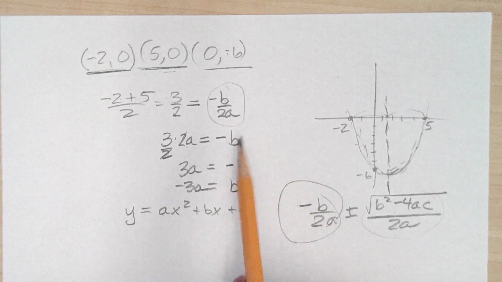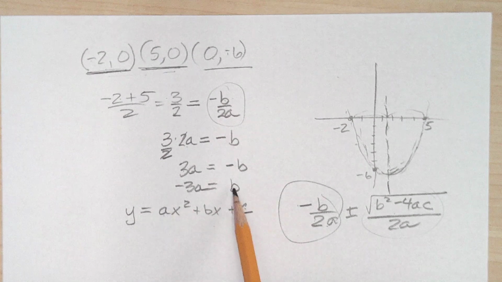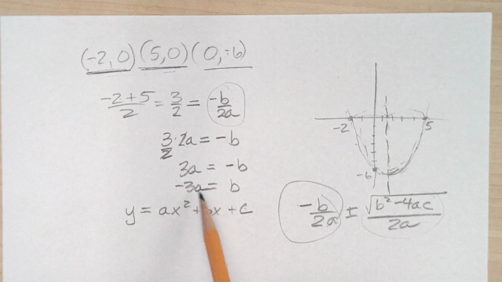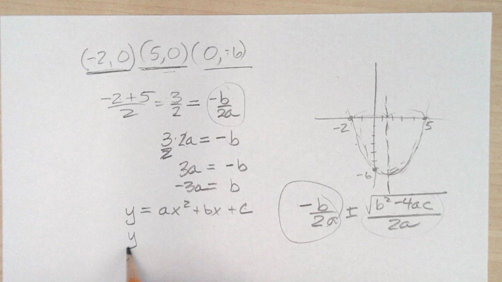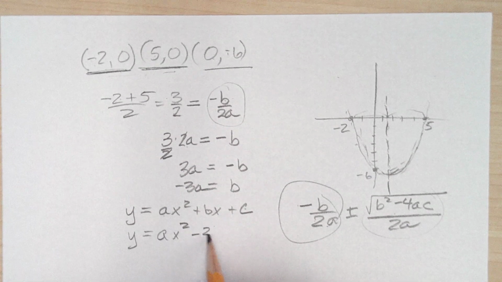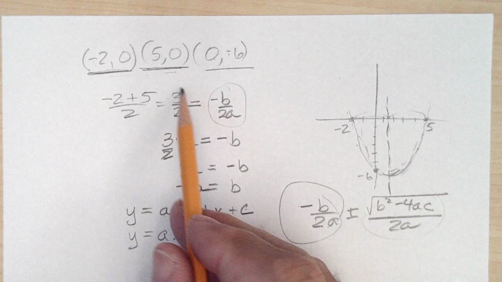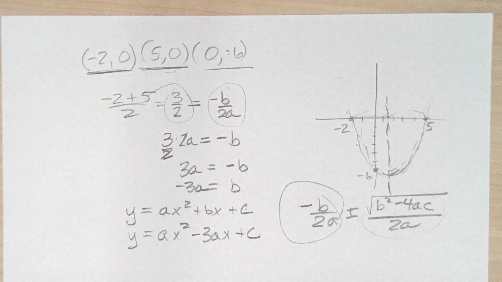But just using that, we know that b is equal to negative 3 times a. So I could write y equals ax squared minus 3ax plus c, if that's the center line.